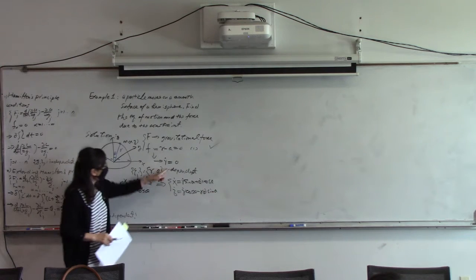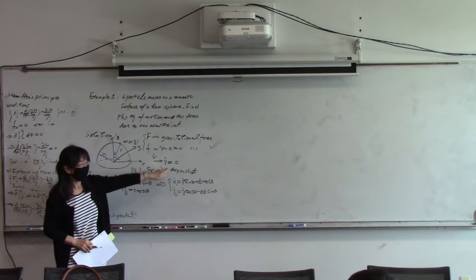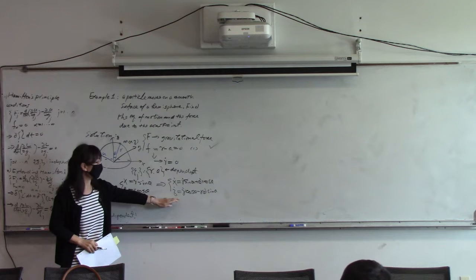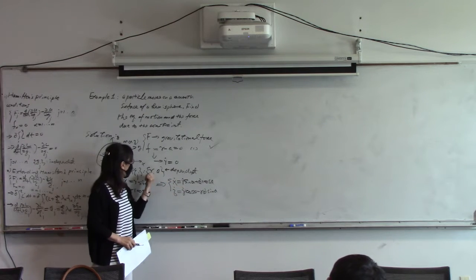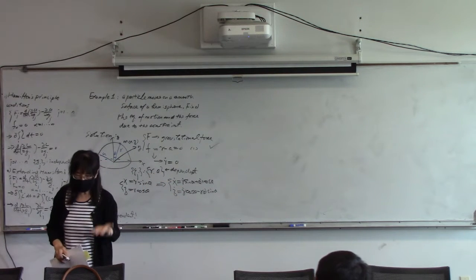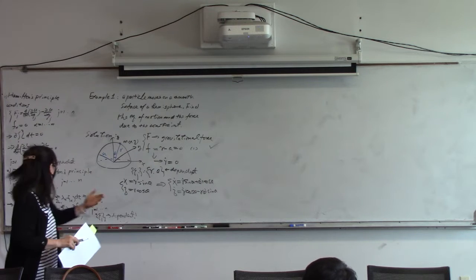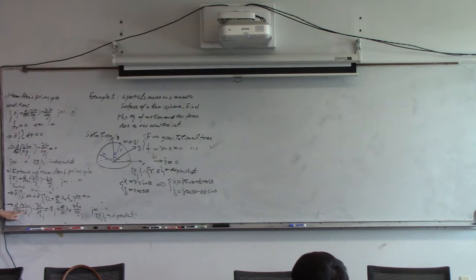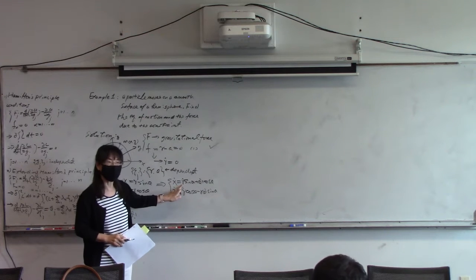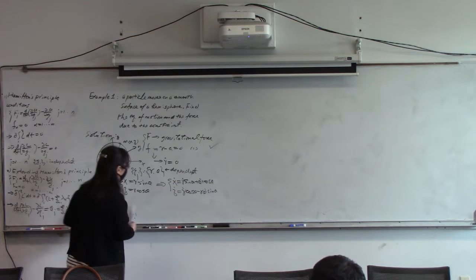Even though we know this, I want you to put here the general coordinates and general velocity until you write down this equation, since here we need this one. If you immediately write down that 0, you miss one of the equations. So keep this one, even though we know that's 0, okay?